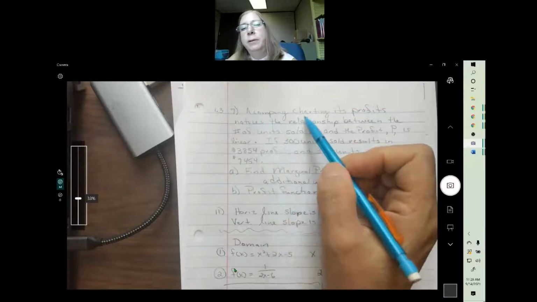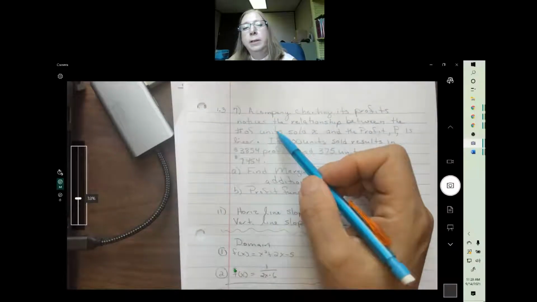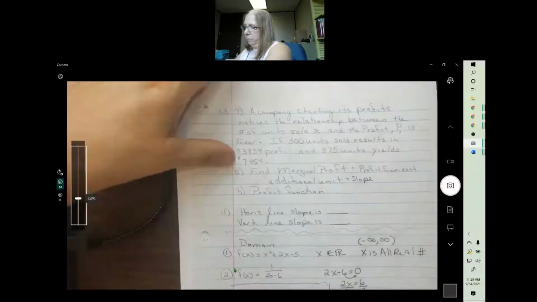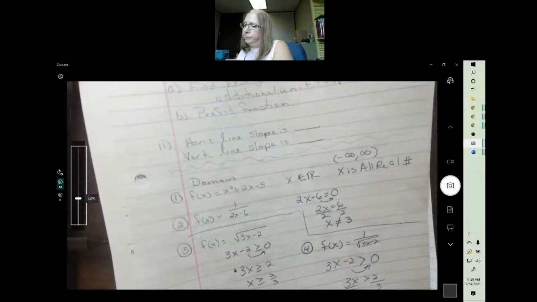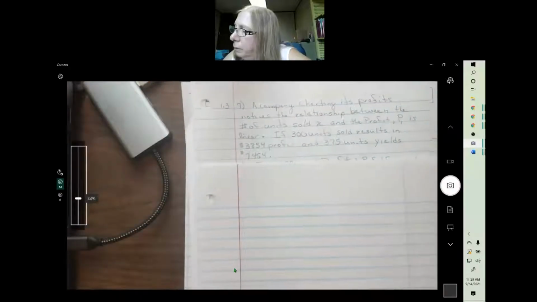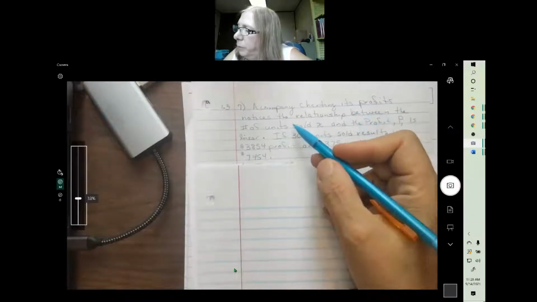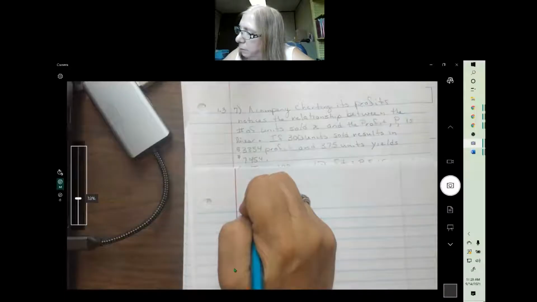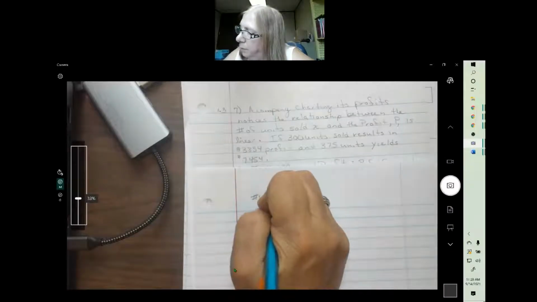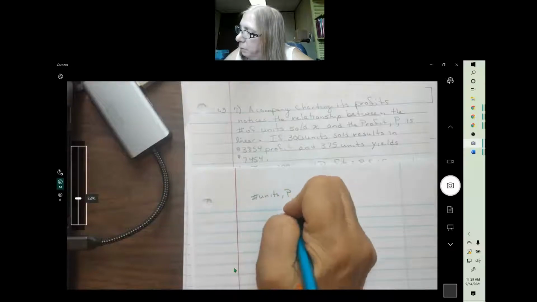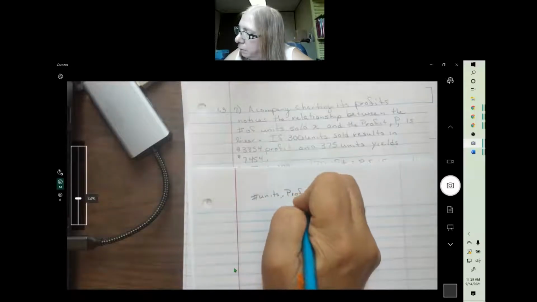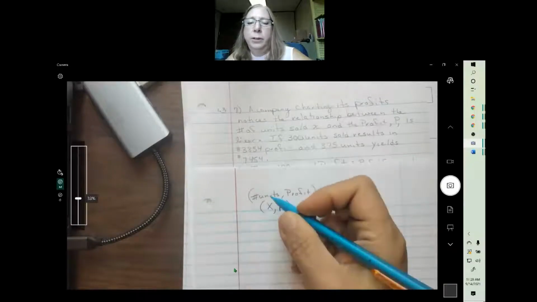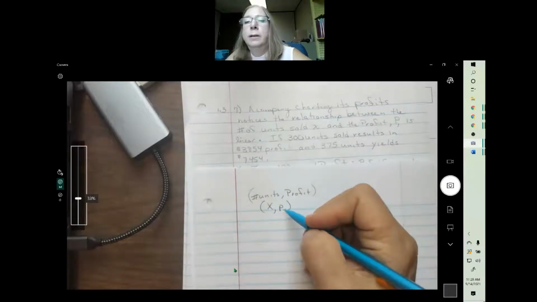A company charting its profit notices that the relationship between the number of units sold X and profit P. So X is our number of units, P is our profit.